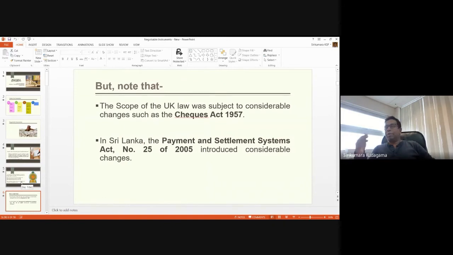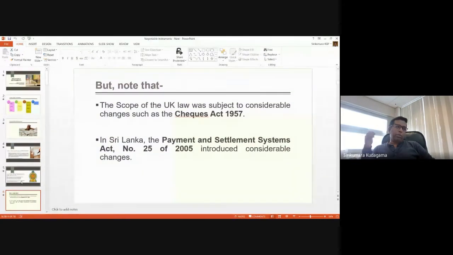Certain statutes which would look like carbon copies were enacted here in Sri Lanka. A classic example would be the Bills of Exchange Ordinance of Sri Lanka. There are other things like the Sale of Goods Ordinance in Sri Lanka, which is a copy of the Sale of Goods Act of the UK. And similarly, there are a lot of other laws which are largely influenced by English law.